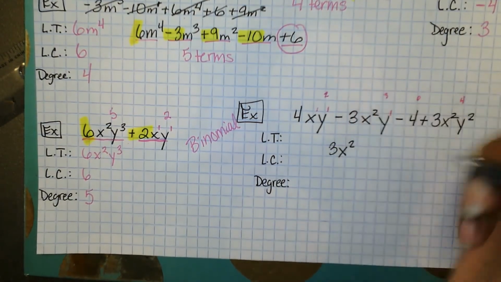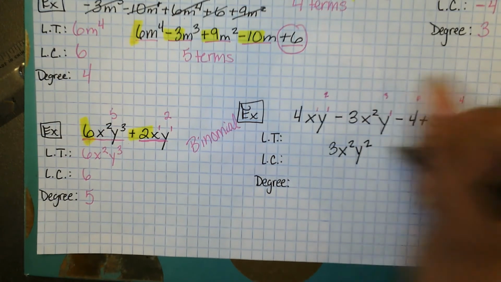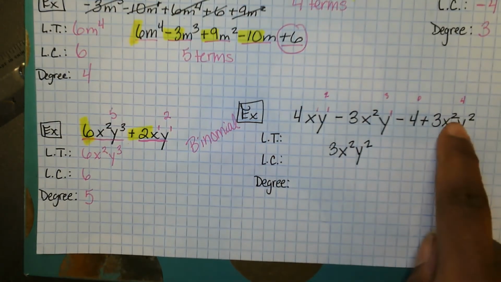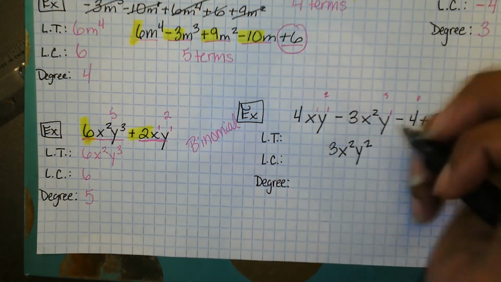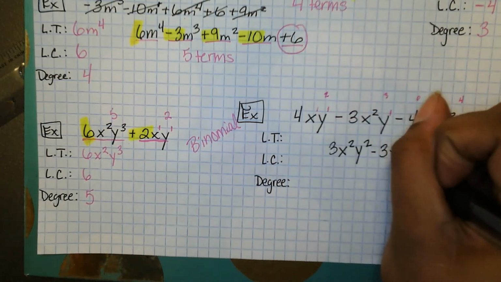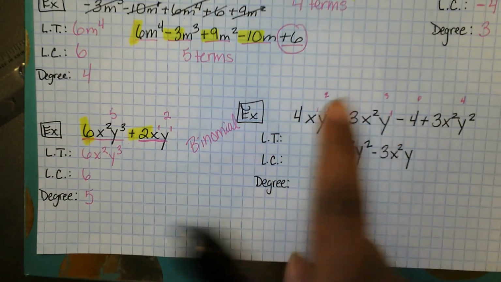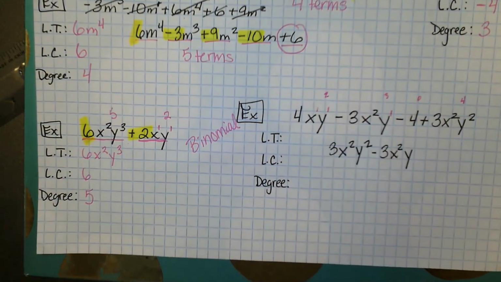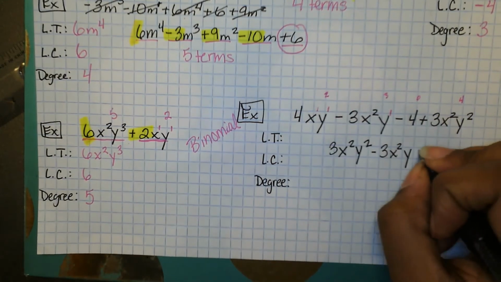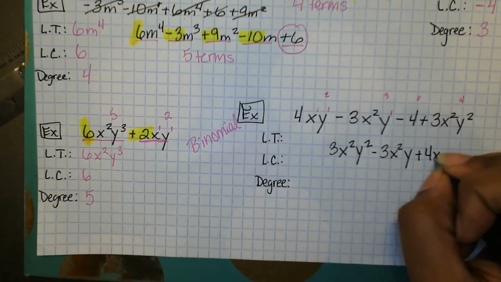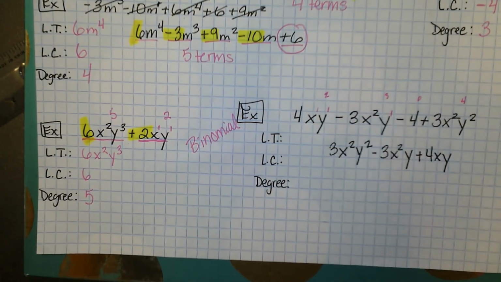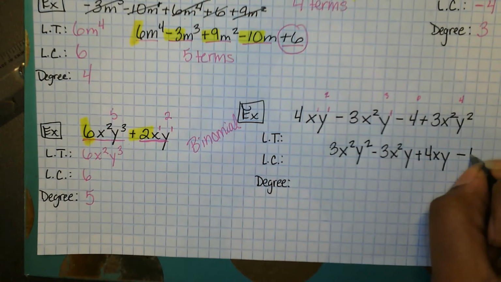3x squared y squared. Then in descending order, go to this one, negative 3x squared y. After 3 is 2, plus 4xy. And then our constant goes last.